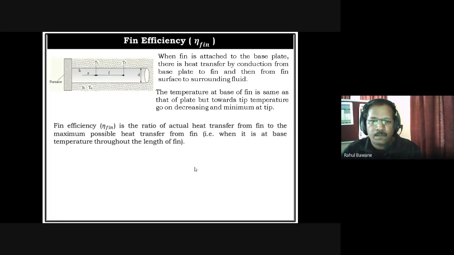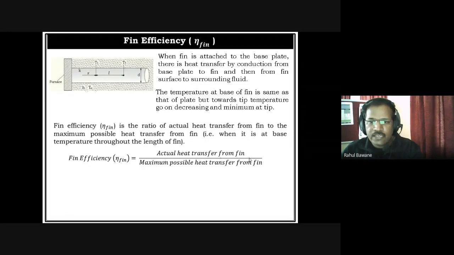So actual heat transfer from the fin. If it is an infinitely long fin, we know the actual heat transfer is h P k theta 0. If it is an insulated tip fin, h P k theta 0 tanh(mL). Correct? So we know the formula for actual heat transfer rate.